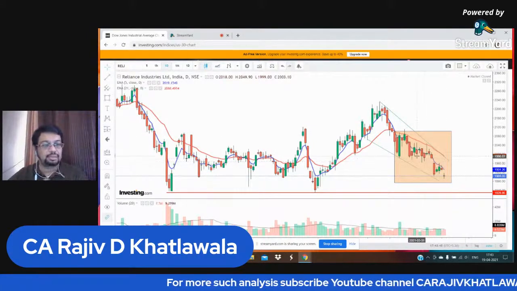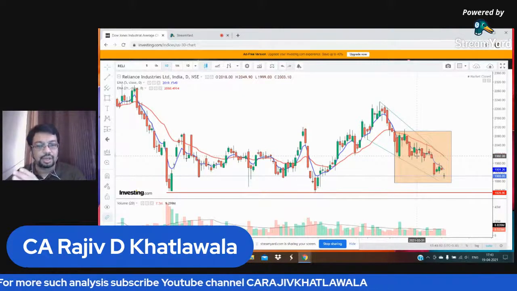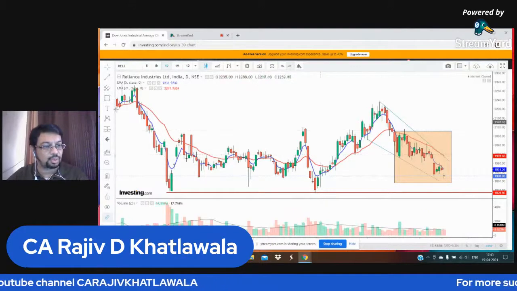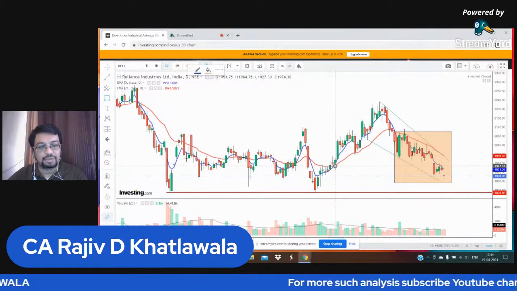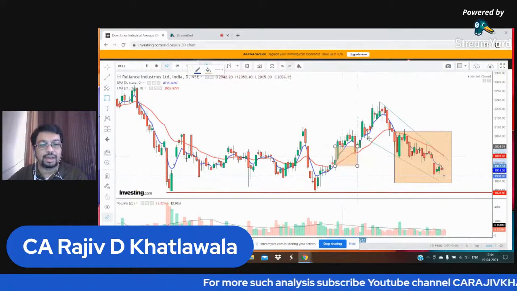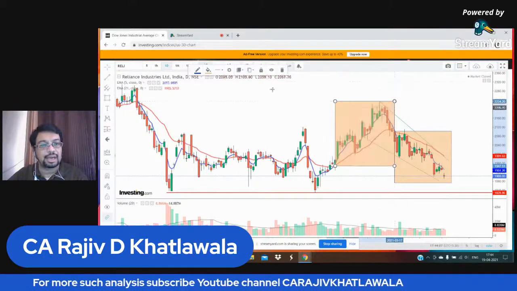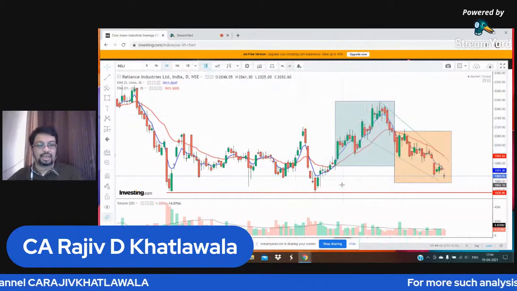Now let us see the same moving averages, the 5 and 21 moving averages, before March. So before 18th of March, what was the situation? I'll just mark the point from where the 5 moving average went above the 21 moving average. And now, because it is a positive thing, I will mark that as a blue area.